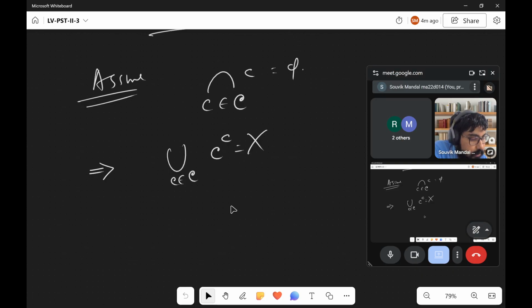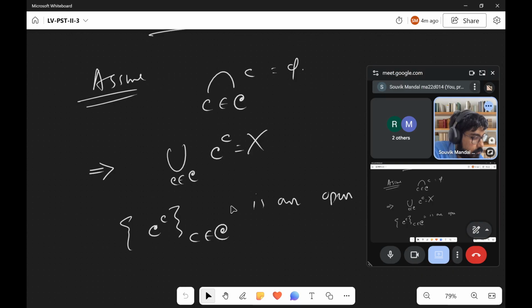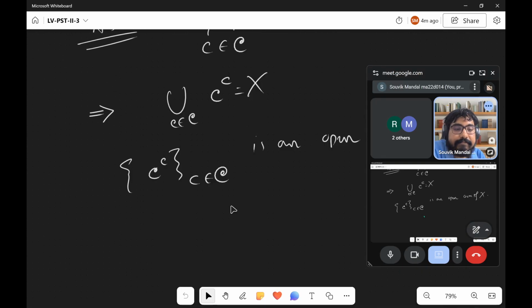Now consider the collection of complements of C. This collection is an open cover of X, right? Now since X is given to be compact, this implies what?